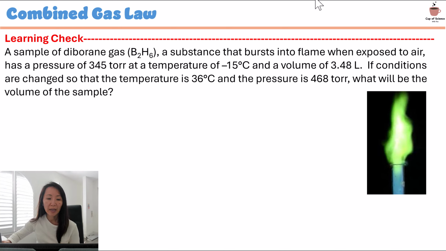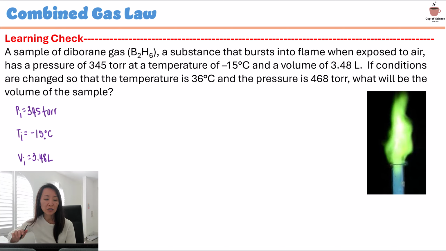So I've mentioned it has a pressure. So my initial pressure is 345 torr, at a temperature, which is my T initial, of negative 15 degrees Celsius, and a volume of 3.48 liters.